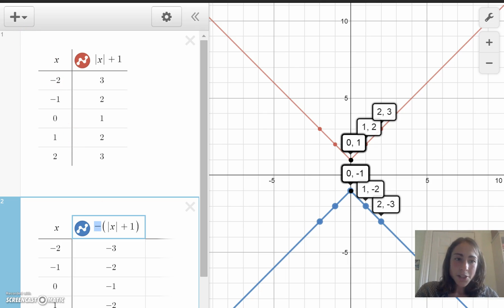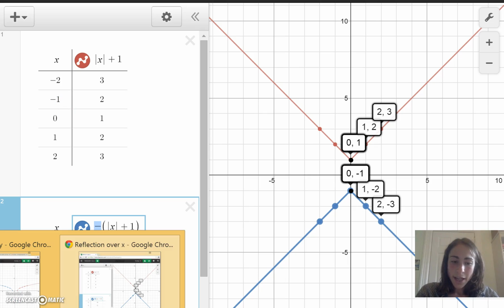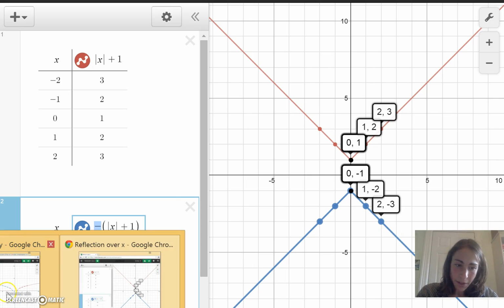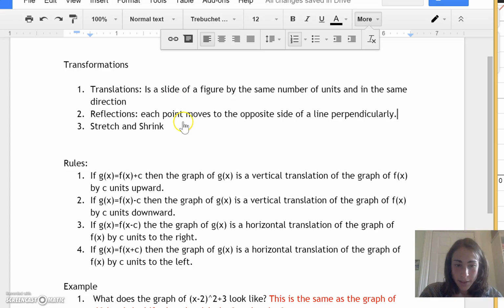So let's go back to our sheet of rules and write that down as a rule. To get a reflection over the x-axis, all we have to do is take the negative version of the output that we started with. So let's make a rule.